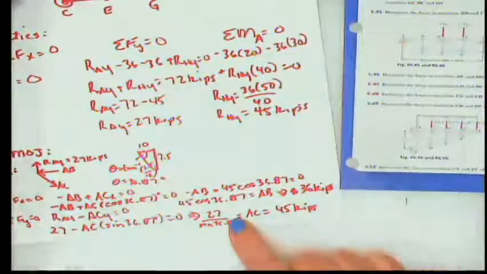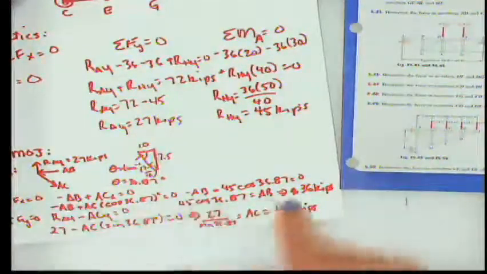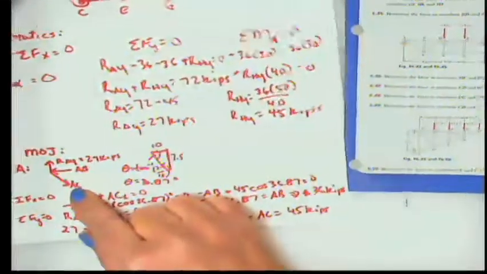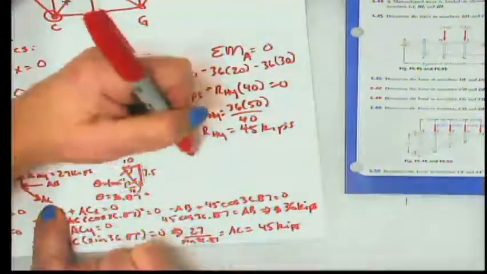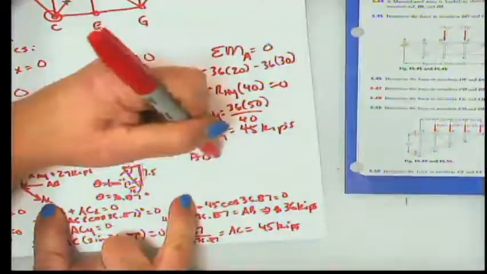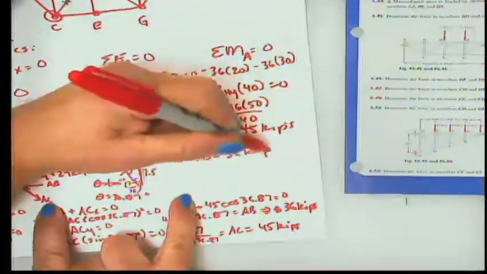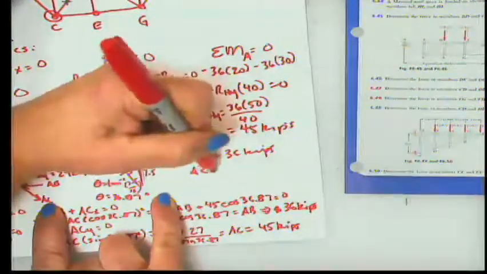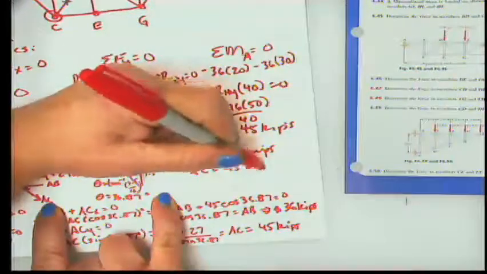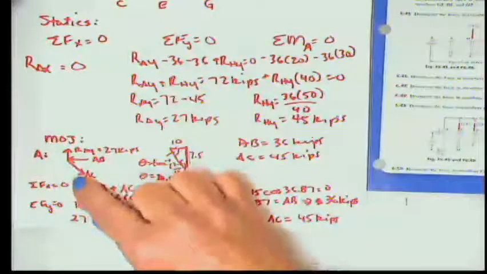All right, so what that means is the only other thing I need to decide is if these are in tension or in compression. Okay, let me write this. AB then equals 36 kips, and AC equals 45 kips. But are they in tension or compression? Okay, go back to our original picture.